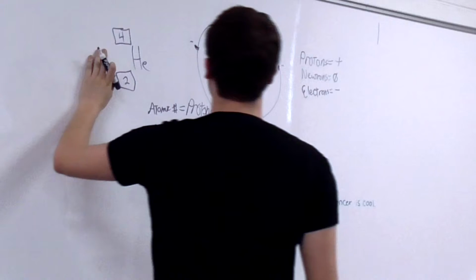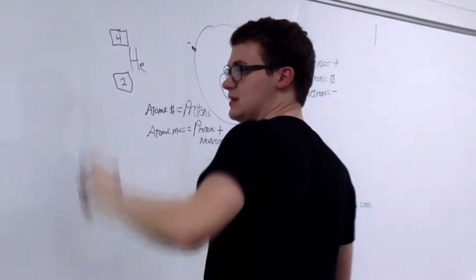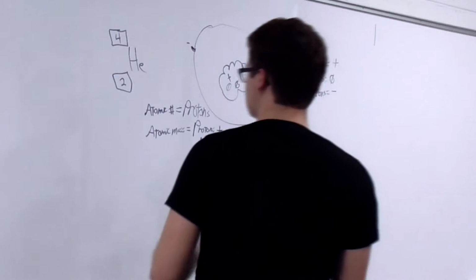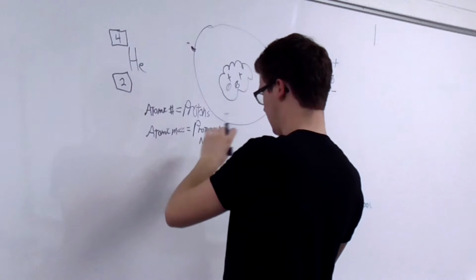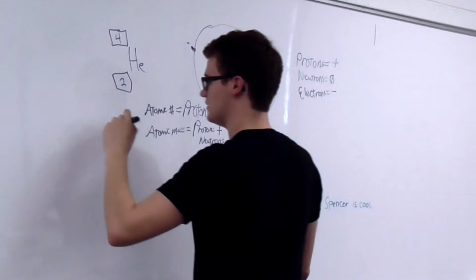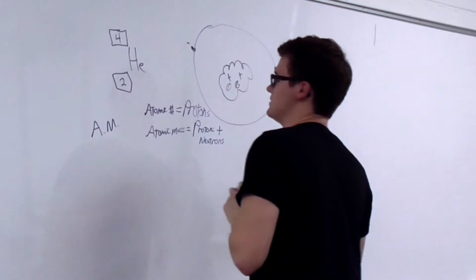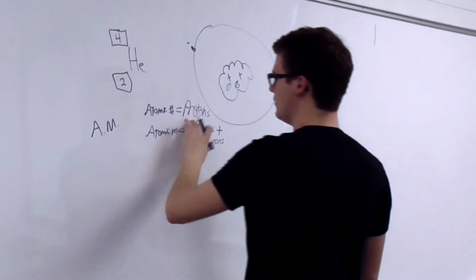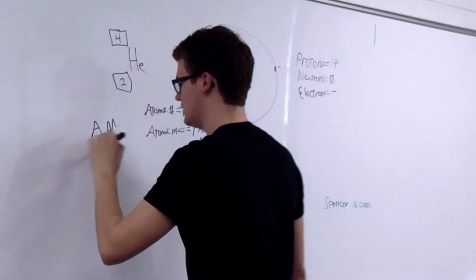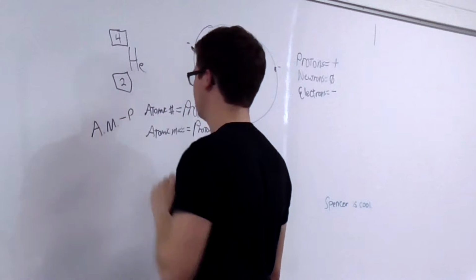Now, you want to know the exact number of neutrons that a typical helium would have? The answer can be figured logically by taking atomic mass, I'm going to write AM, and subtracting the atomic number. In other words, it's just the number of protons. And then you take that minus the proton count.